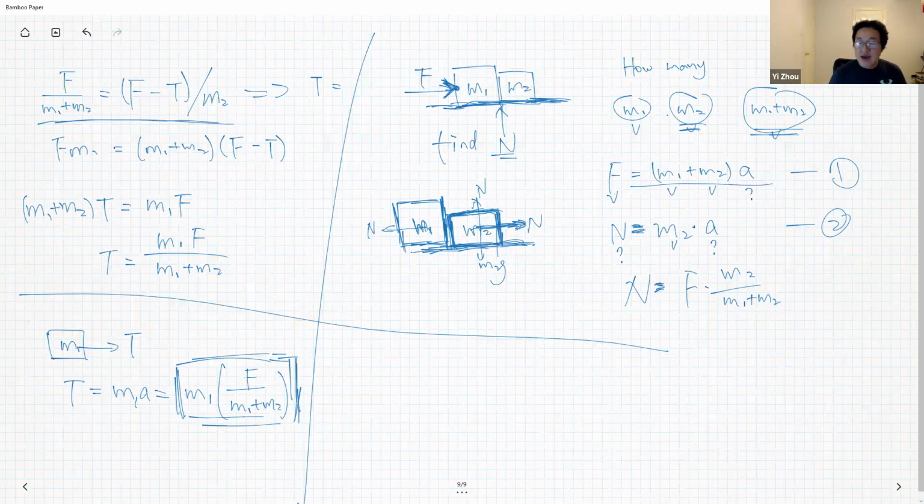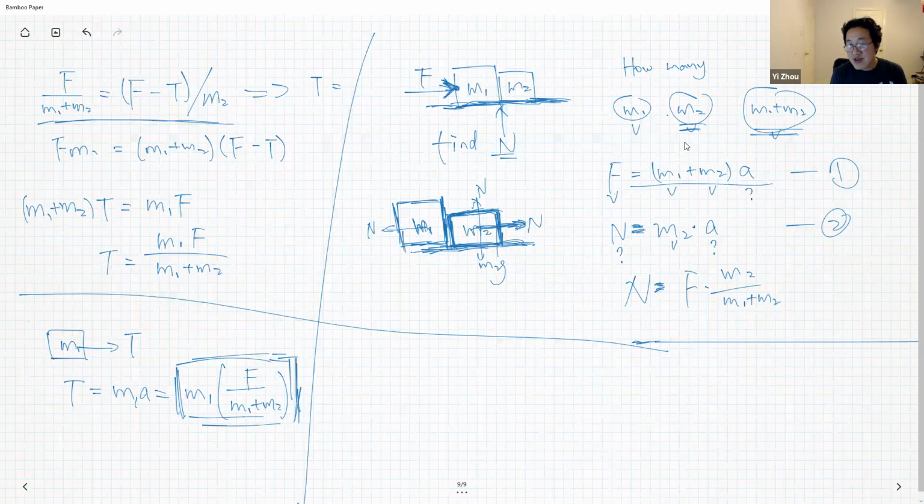All right, these are some examples we talked about. With multiple objects, we have the choice of solving by studying one object or studying them together. If we study all of them, it's redundant.